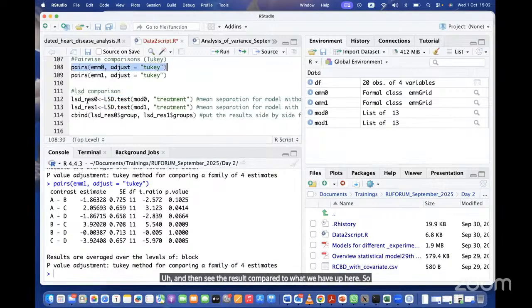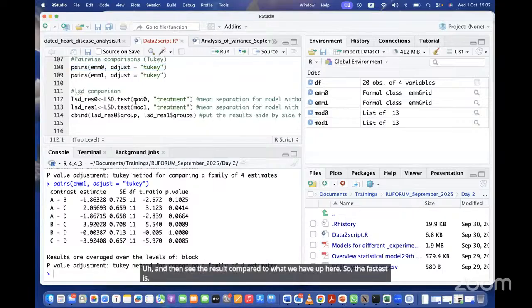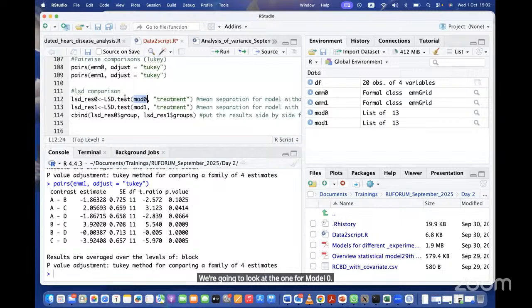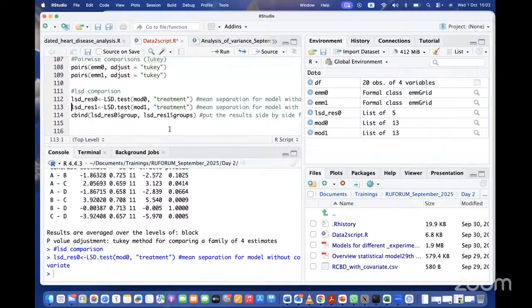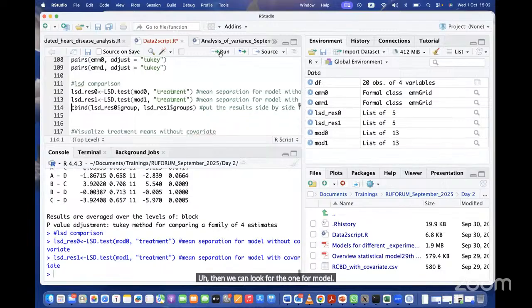The first test is the one for model 0, that is, remember, our model without the covariate. Then we can look at the one for model 1, which is the one with the covariate.